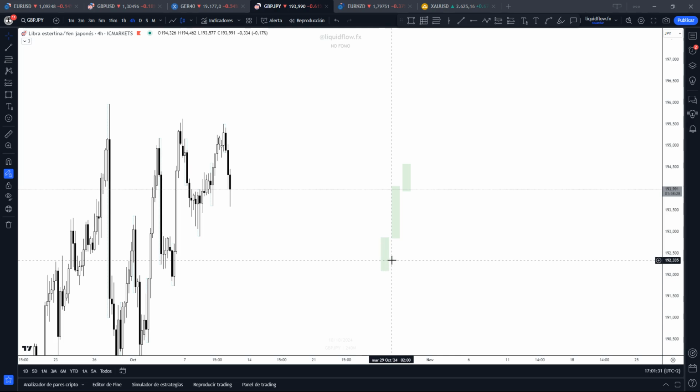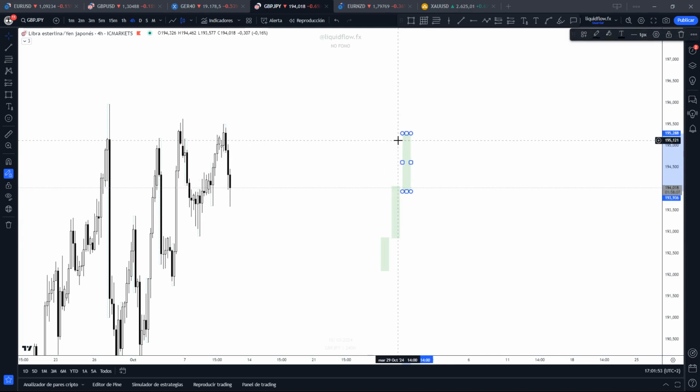The first candle, you don't need to care so much about it. Don't care if it's an expansion or a range. The second one will be an expansion, and the third has two ways to be. It could be an expansion, then we probably have another fair value gap, or a range.